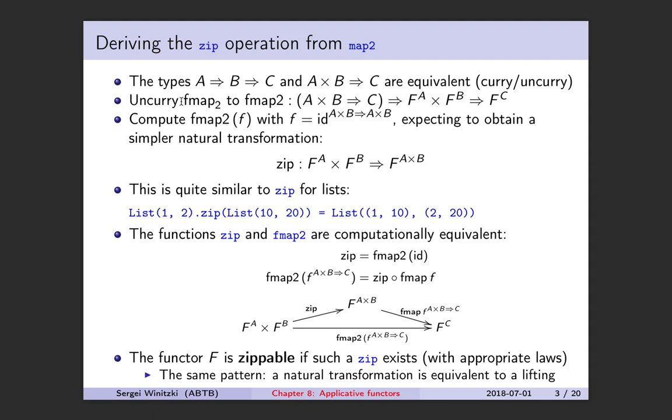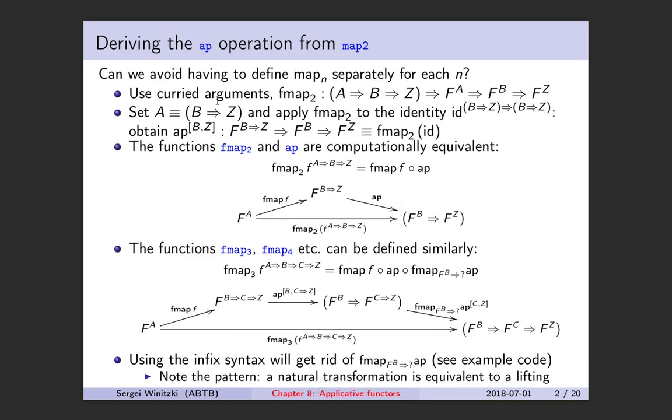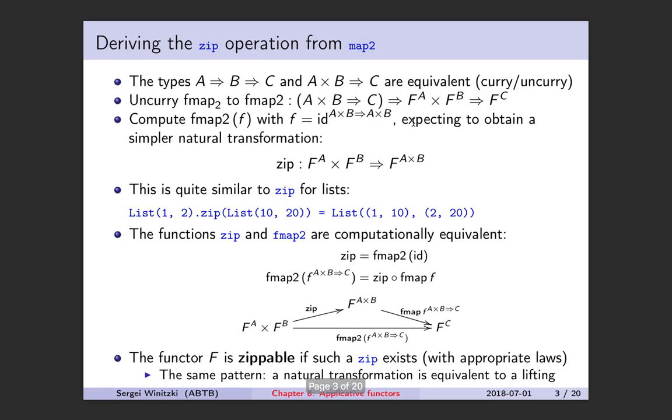So we can take this Fmap2 that we had in the previous slide, and we can uncurry it. And if we uncurry it, we'll have a type signature like this, which is a tuple, and here's also a tuple.